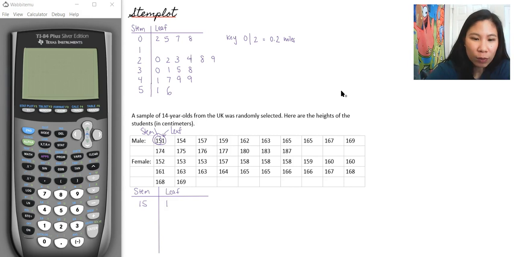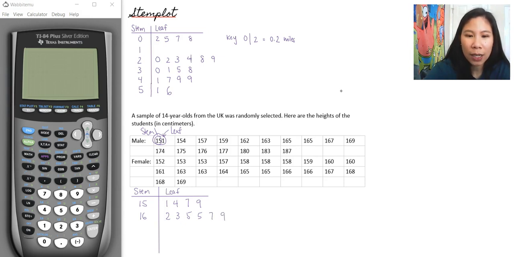The second number is 154, so a stem of 15 and a leaf of 4. 157, 159, and then we go into a stem of 16 for the 162, 163, 165, another 165, 167, 169, and then our next number is 174, so that's a stem of 17, 174, 175, 176, 177, and then 180, so that's a stem of 18 with a 0 for the leaf, 183, 187.